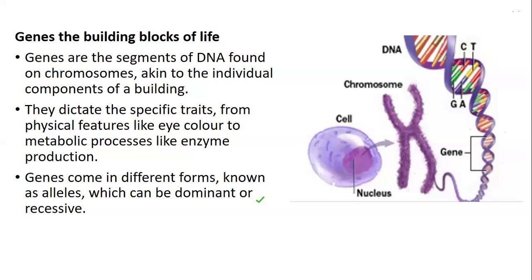So if we are going to say like eye color, brown eyes must have a particular letter, black eyes have a particular letter, blue eyes, and so on. Now, of course, when those alleles pair up, as we shall see, the outward appearance of the organism will be determined by which alleles they have pairing up.